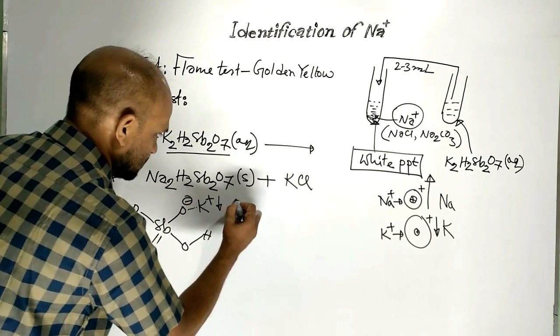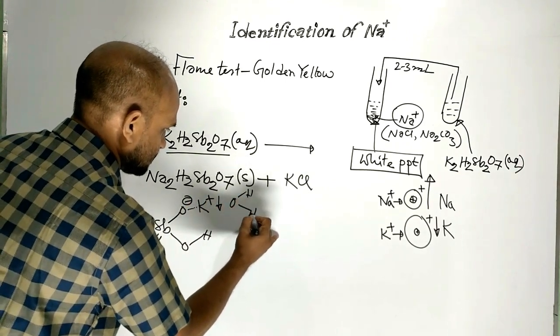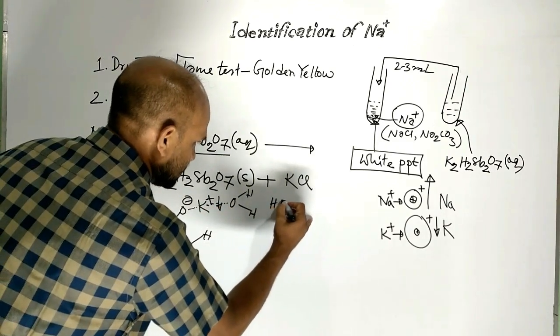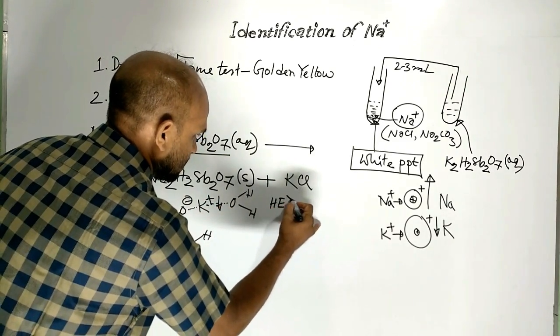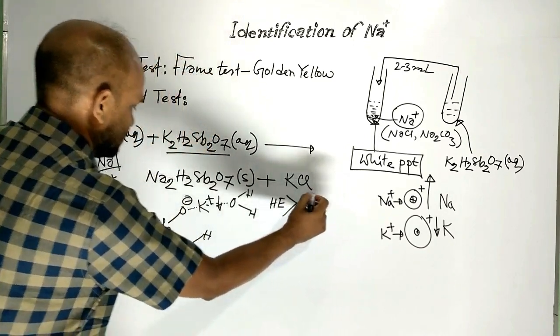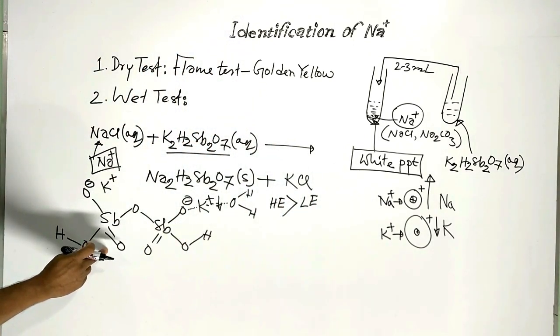It means hydration energy is higher than lattice energy in case of potassium pyroantimonate.